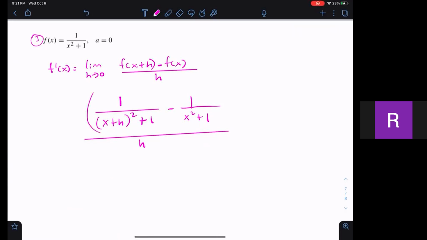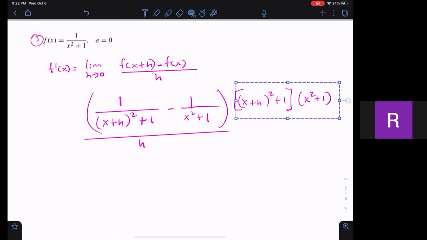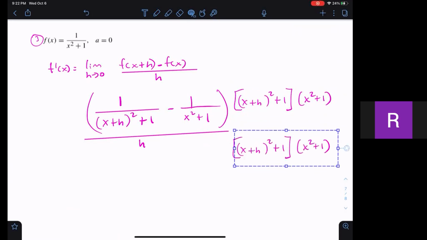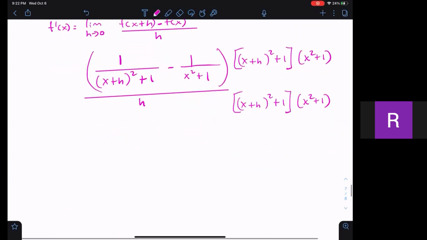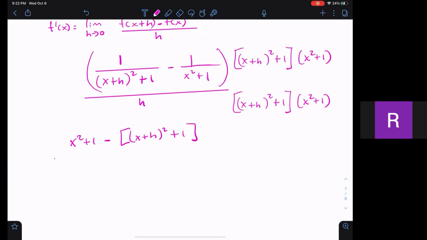Okay, I can multiply everything by (x plus h) to the second power plus 1 times x squared plus 1, and the same thing in the denominator. If you do all that, you get x squared plus 1 minus (x plus h) to the second power plus 1, all over h and all this stuff, right?